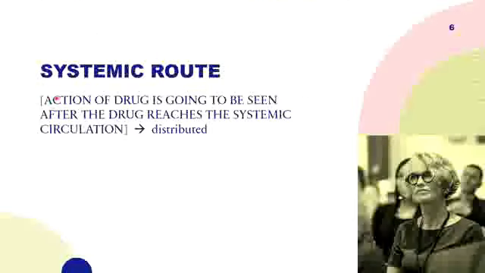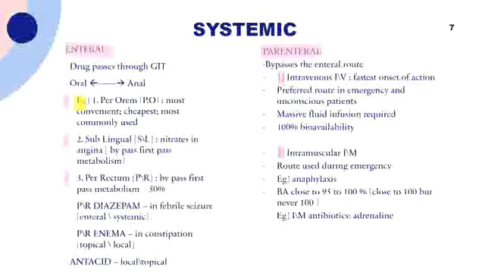Next is the systemic route. In the systemic route, the action of the drug is going to be seen after the drug reaches the systemic circulation, that is, the drug is distributed. Systemic administration is of two types, enteral and parenteral. In enteral, the drug passes through the GIT, but in parenteral it bypasses that and doesn't pass through the GIT.